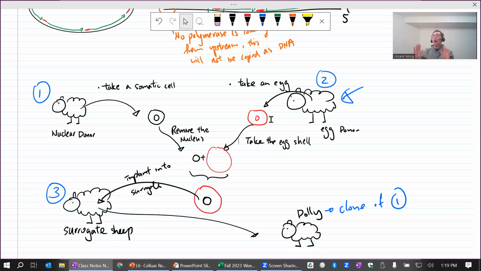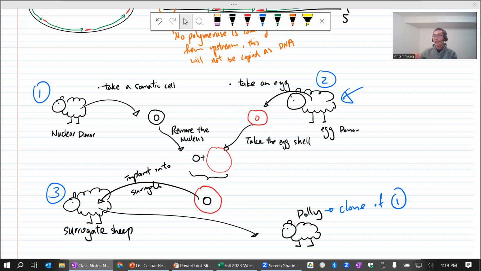Okay. Now, here is the interesting part. The whole story kind of builds up to this point. Dolly was born, like I said, in July 1996. So when it was born, how old would we say Dolly was? Well, when someone's born, we say they are newborn, age 0, so to speak.